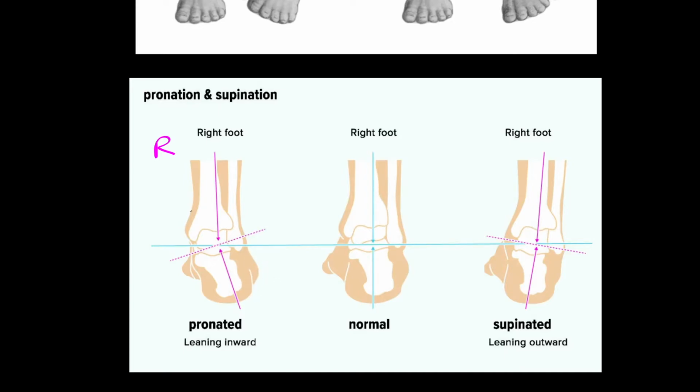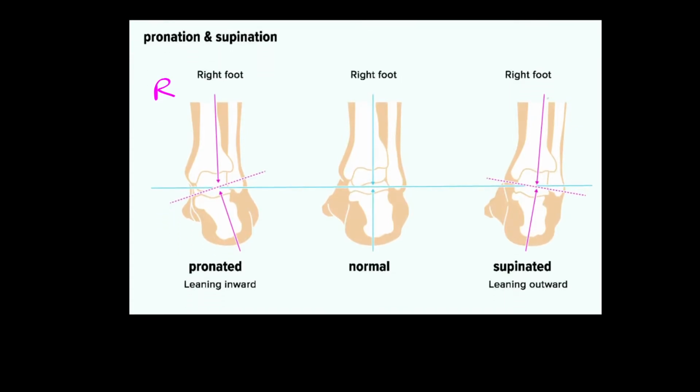So we're looking at the right foot from the back. You will see figures like the one we're looking at right now that say pronation is like leaning inwards, so it's like the foot rolling to the inside. And then supination is the opposite of that, rolling the foot to the outside.